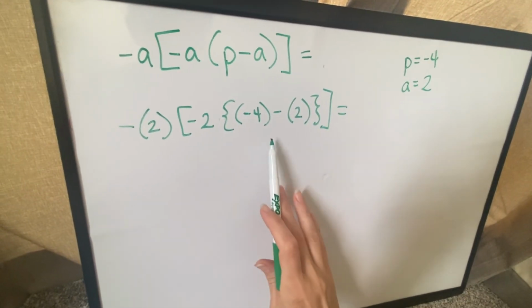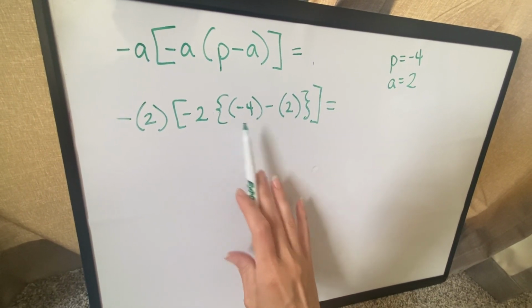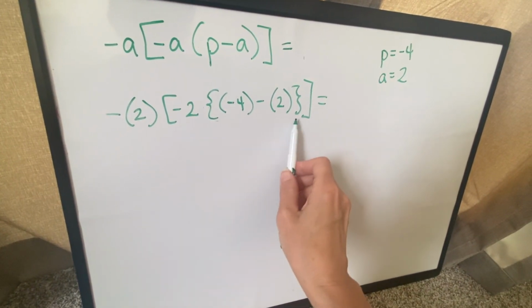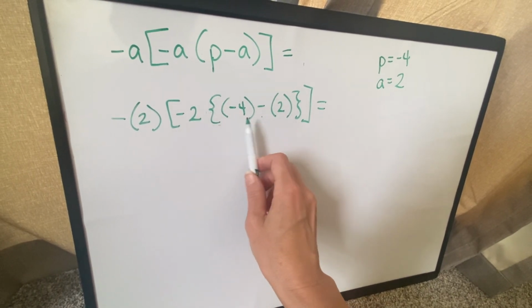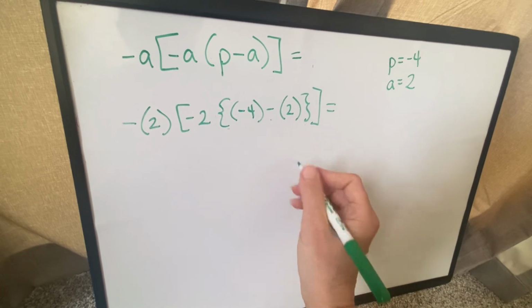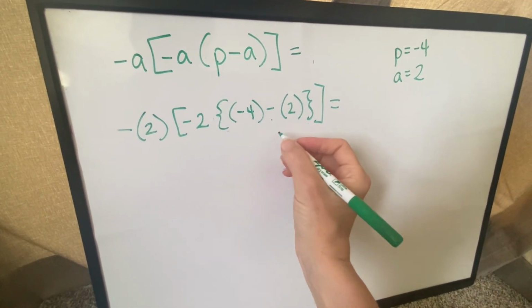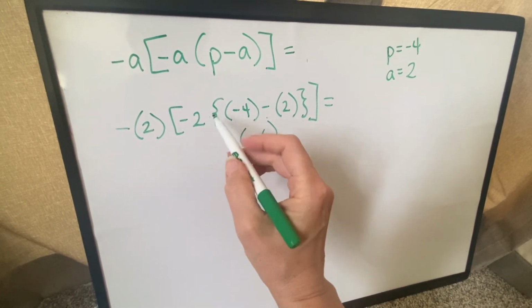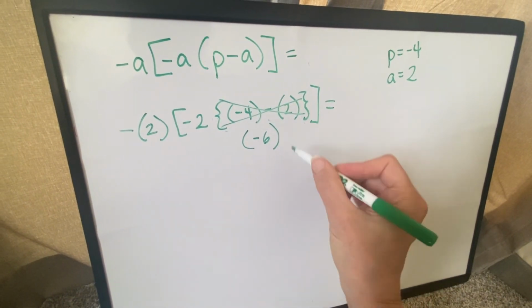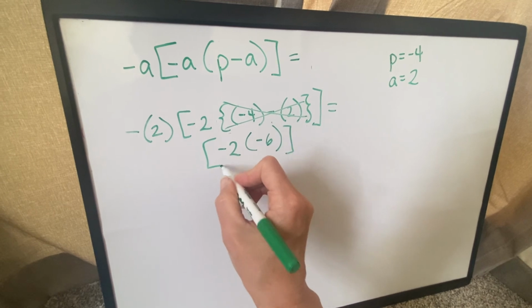Now remember, we start in the very inside parts here. So here is the innermost bracket, -4 minus 2. Both signs are the same, so you add, and the sign is negative, so it stays negative. So this guy is done, and we have a -2 here.